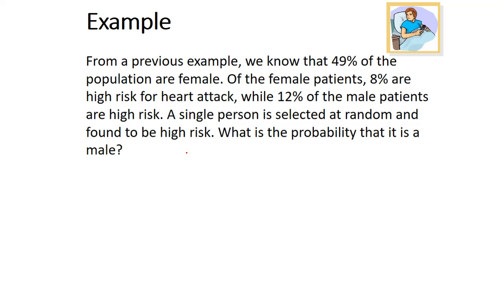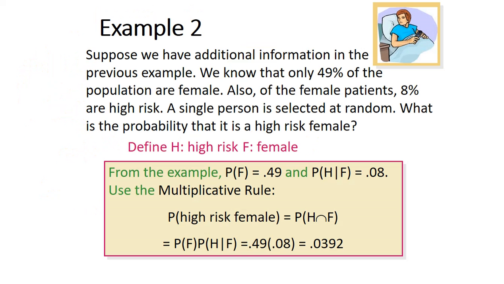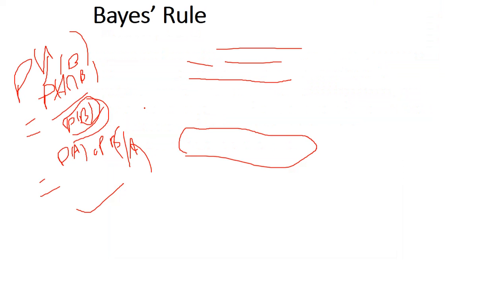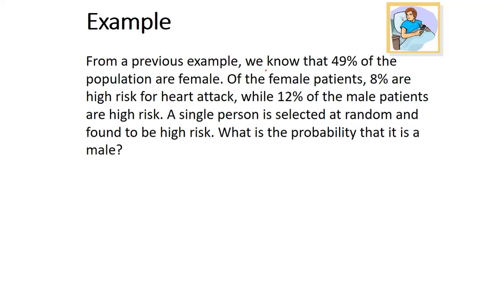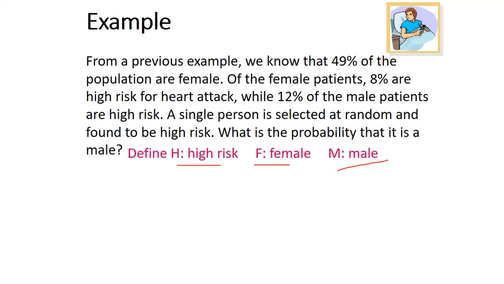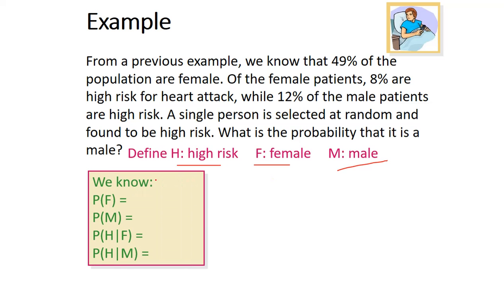Now we can see one simple example from the previous example, the independent example. From this example we know that only 49% of the population are female. I am defining three variables. H means high risk, F means female, M means male. We know that probability of F is 0.49.